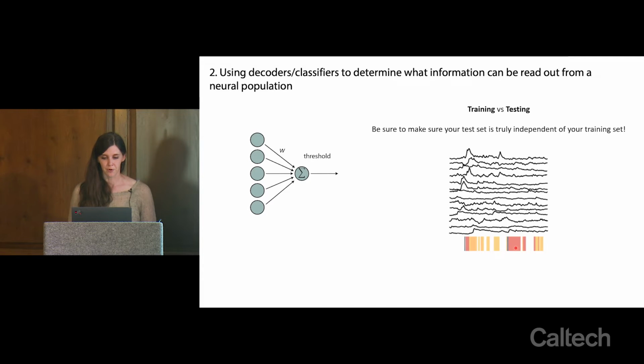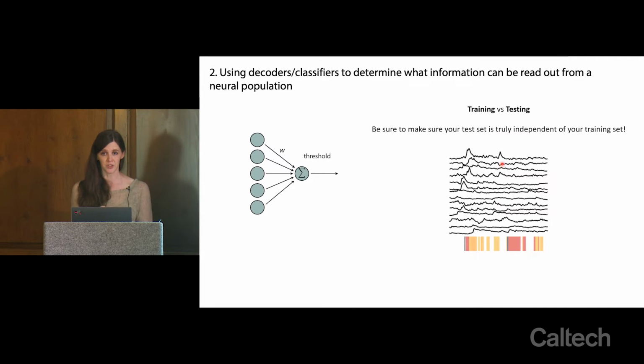and have that decoder predict on that held out chunk of time. And for time series data, you always want to make sure that your training and test set are distinct from each other. So if you're not dealing with time series data, if each time point is independent, people will often just randomly assign data points to the training set and the test set. In time series data, these neighboring time points are highly correlated with each other.